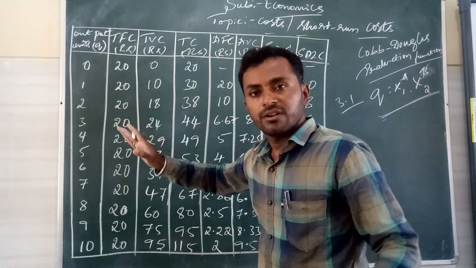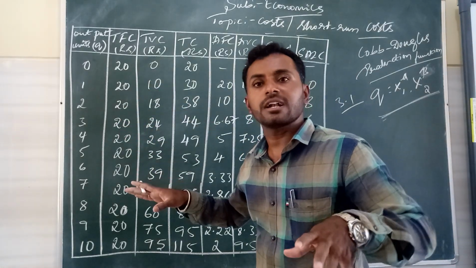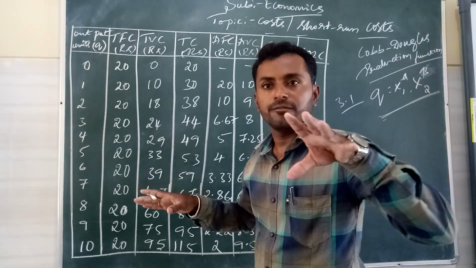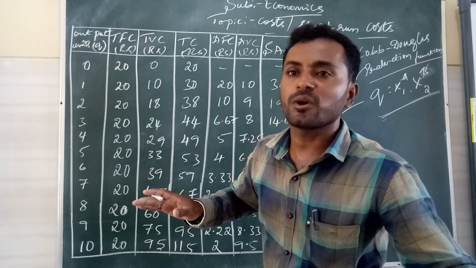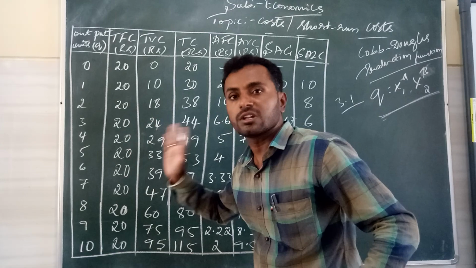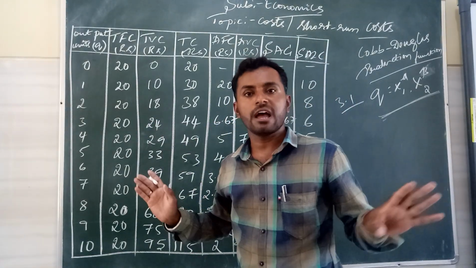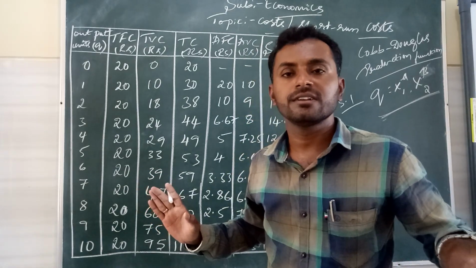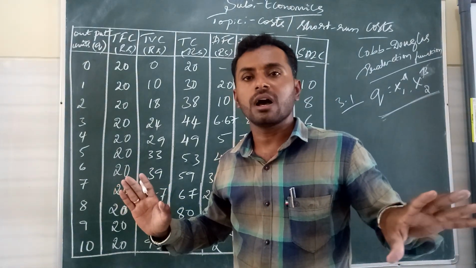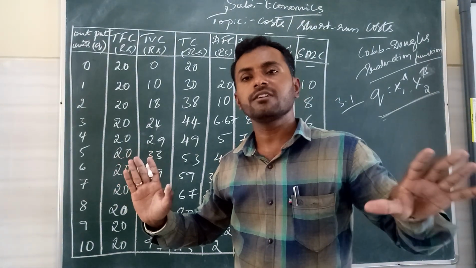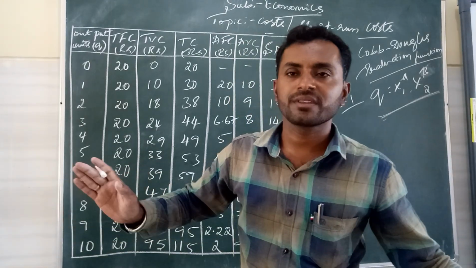With the production or without the production, we have to pay the total fixed cost. For example, we have a factory, our own or rented, and we are not doing any production.